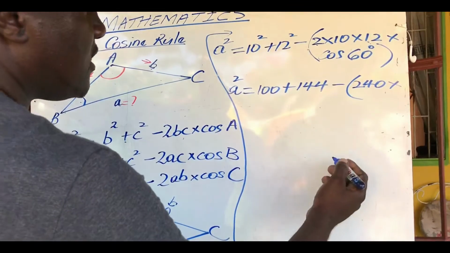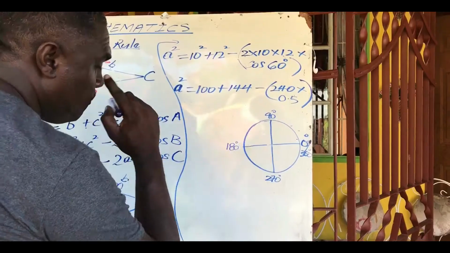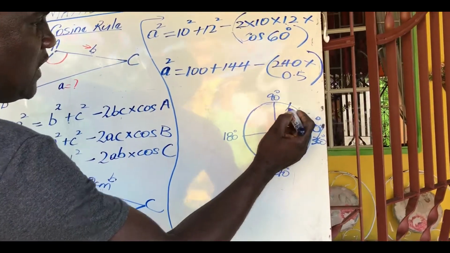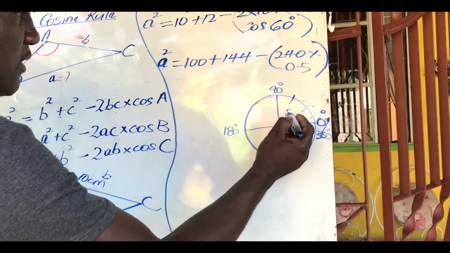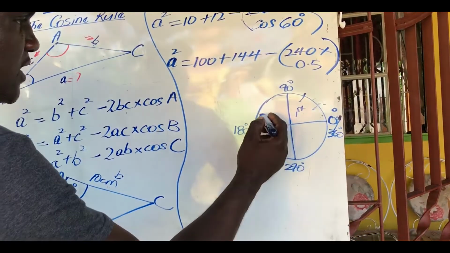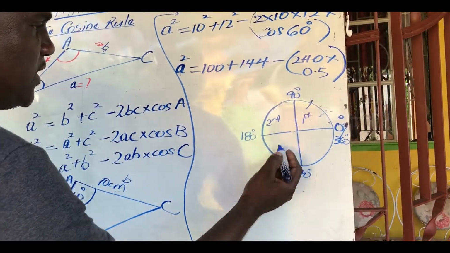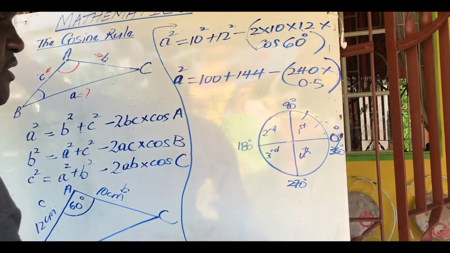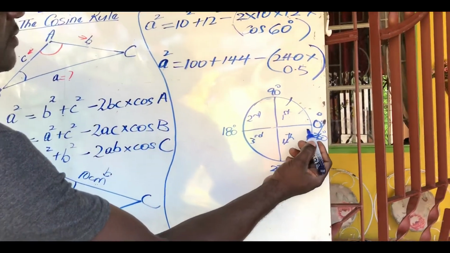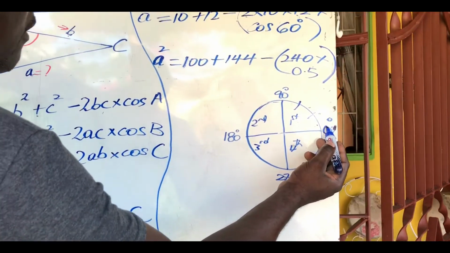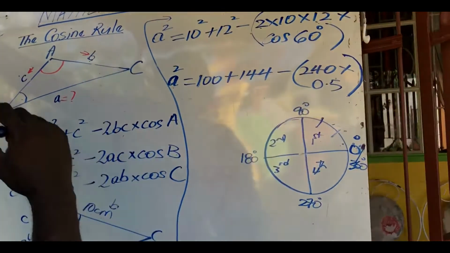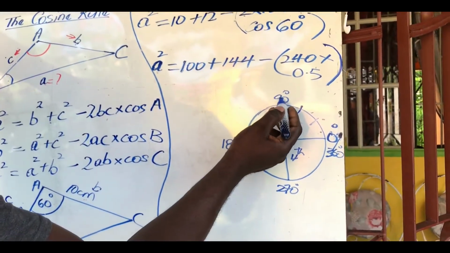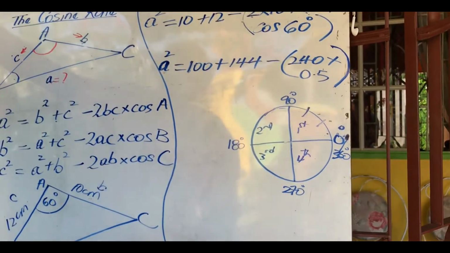Now cos 60 degrees: 60 degrees is found in the first quadrant. This is the first quadrant, this is the second quadrant, this is the third quadrant, and this is the fourth quadrant of the unit circle. The first quadrant basically lies from 0 degrees to 90 degrees. Second, between 90 and 180.